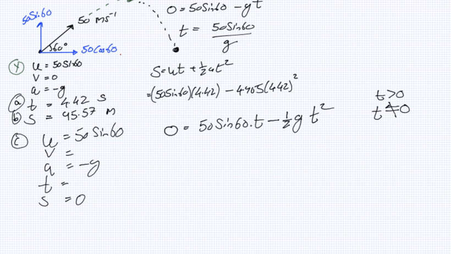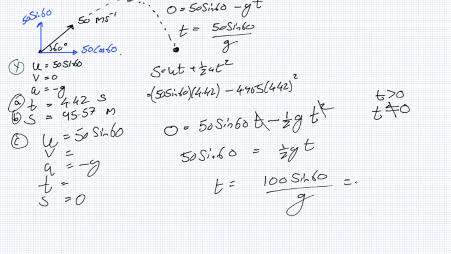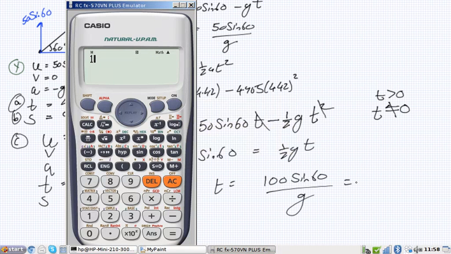So I can divide everything by T, and I get 50 sine 60 equals a half GT. So T is 100 sine 60 over G, which is 8.83 seconds.